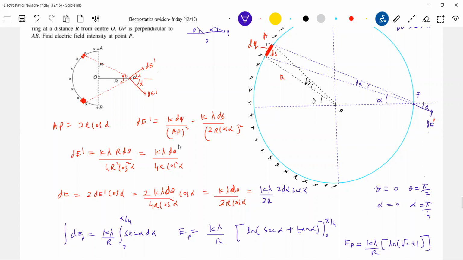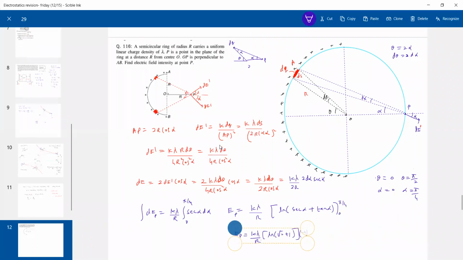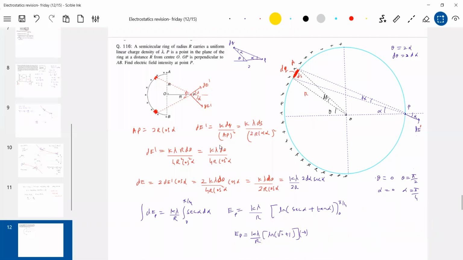So it will be directed along the x-axis. The direction will be towards the right. Some questions are not at the center; at the center, everyone knows. So do remember this one formula, it can be tested for you in the exam.